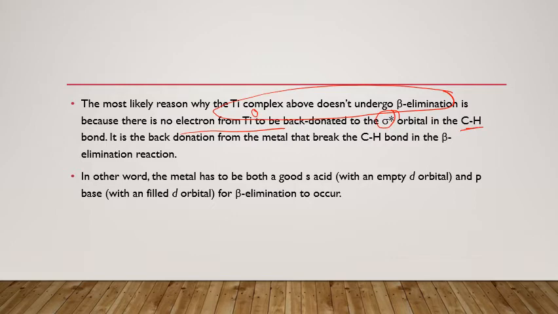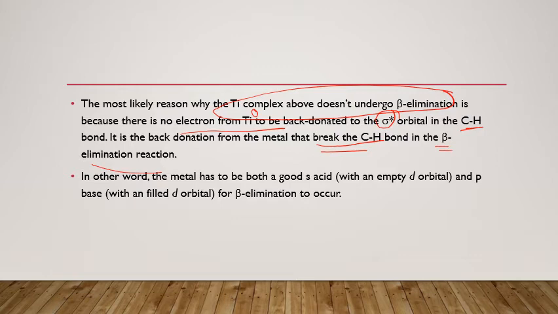The ability of the electron to back donate is important to break the CH bond in the beta elimination process. So if there is no electron for the back donation process, the CH bond cannot be broken for the beta elimination reaction to happen.